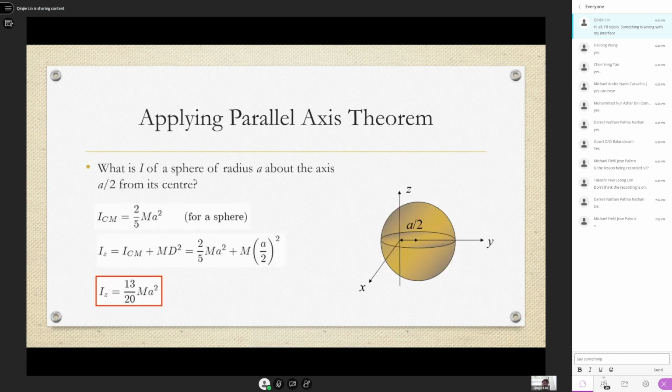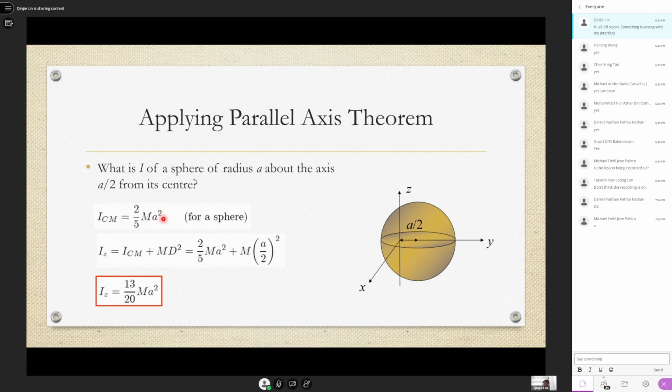Another example: what is I of a sphere of radius a for an axis a over 2 from the center? A solid sphere. Just now we know the moment of inertia about its center, the general one, which is 2/5 mr squared. In this case, the radius is a.